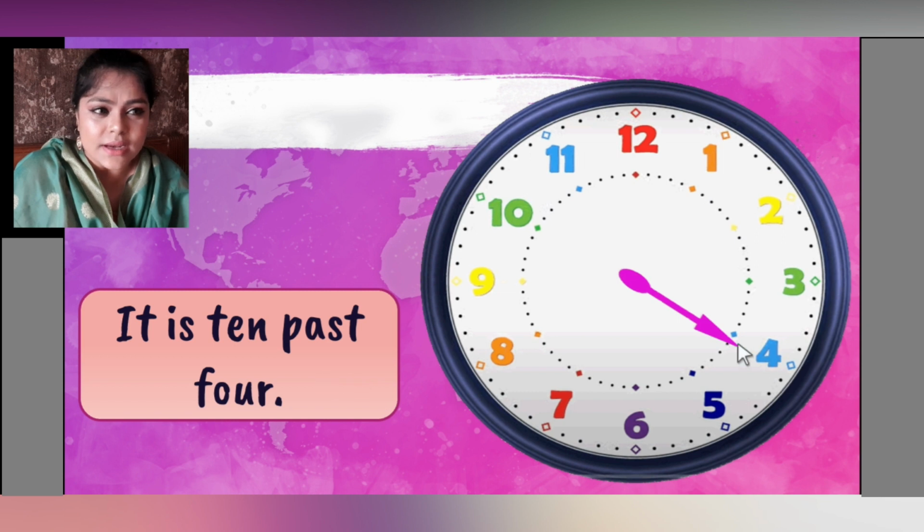Now next, a little away from 4, not exactly on 4, a little away, and 10 past. The minute hand will be at 10. This one or this one? Yes, 5:10 here too. Okay, it is 10:04. Very good. Let's do the next one.